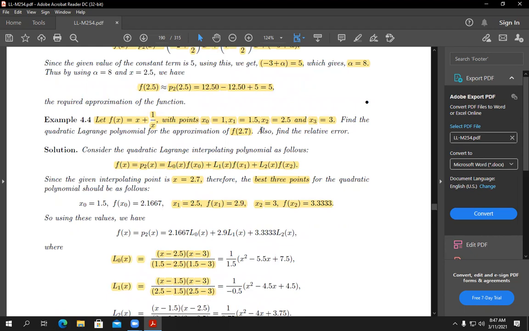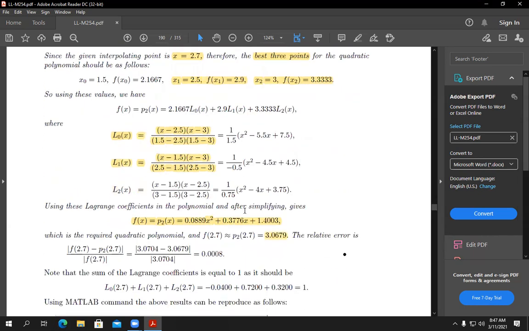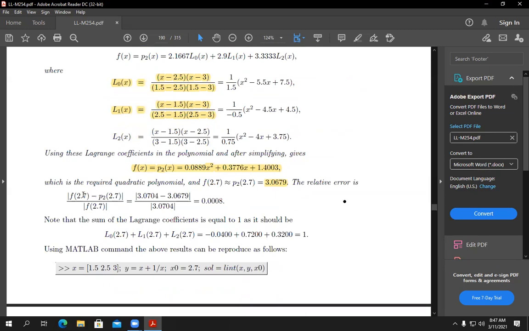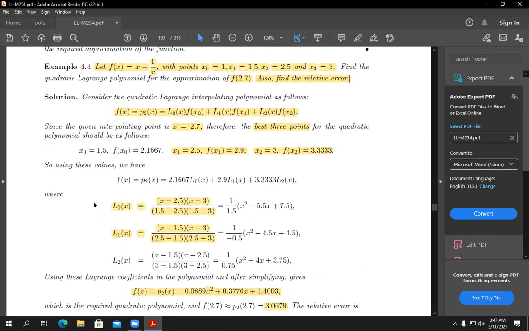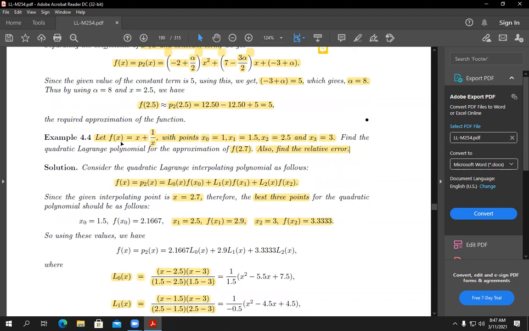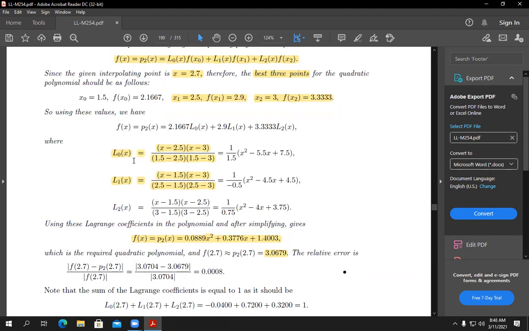And also he says find the relative error. Relative error is always the absolute error divided by the exact solution. What is the exact solution? It is f of 2.7. How do you calculate it? Because the teacher gives you the function, you can easily find f of 2.7 when you put x equal to 2.7 here, and that will be your alpha.